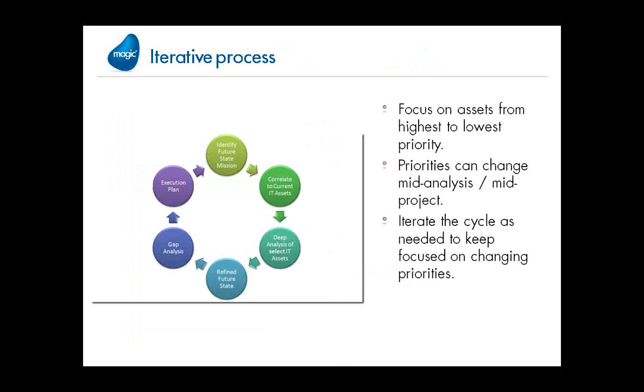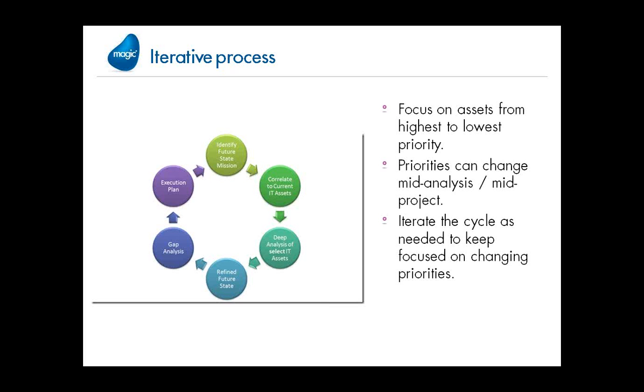This is an iterative process. As you're doing the identification of future state, the mission of the organization, correlating that to current IT assets, doing a deep analysis of your most critical IT assets, and then refining that future state based on that analysis, doing a gap analysis and an execution plan, it comes full circle, and it becomes an iterative process where you're improving upon where you're at.